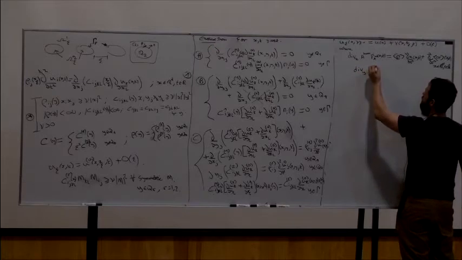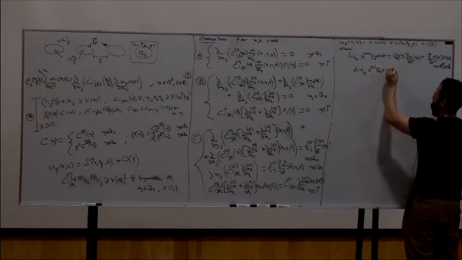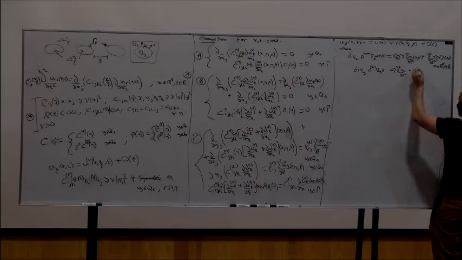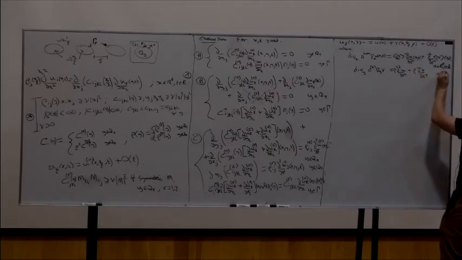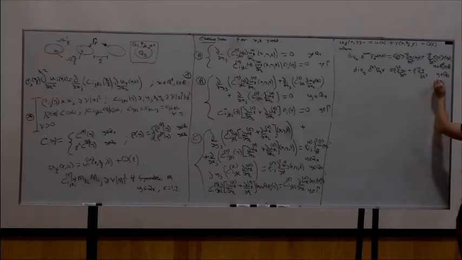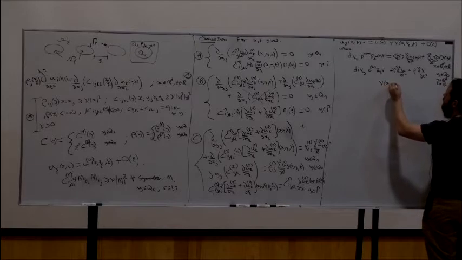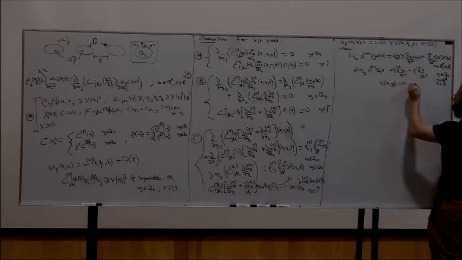Let me finish it. Right, and remember that v of x, y, t was 0 on the boundary.